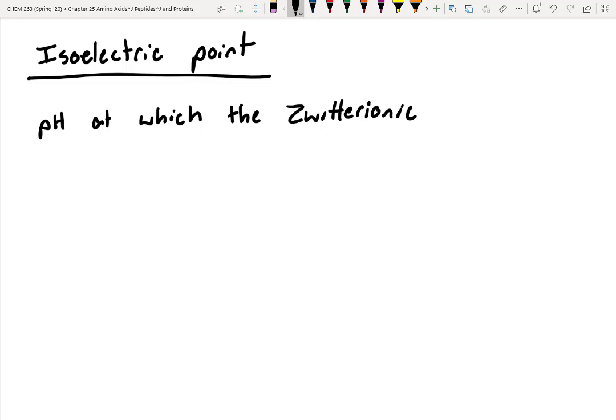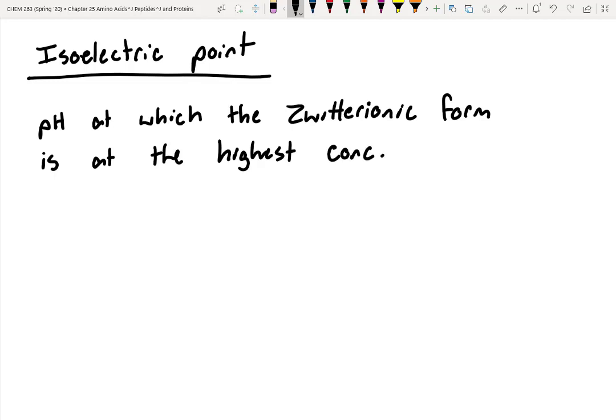But it's not exclusively formed, right? We're always dealing with equilibria. So it's saying, what's the pH at which the zwitterionic form is at the highest concentration? And this can be experimentally studied.